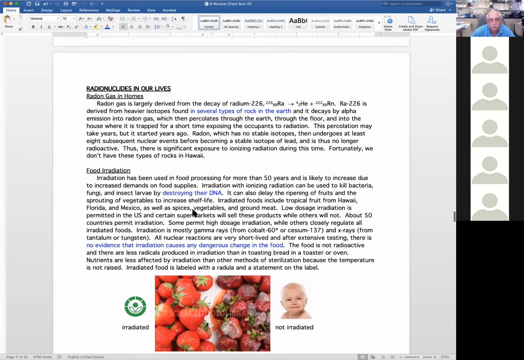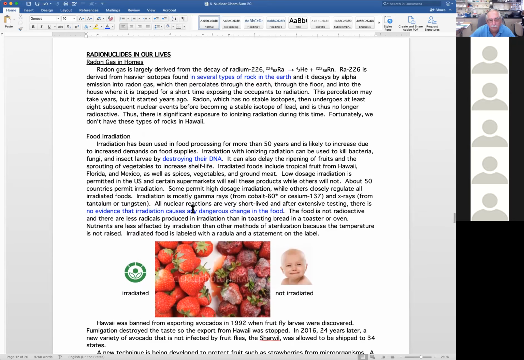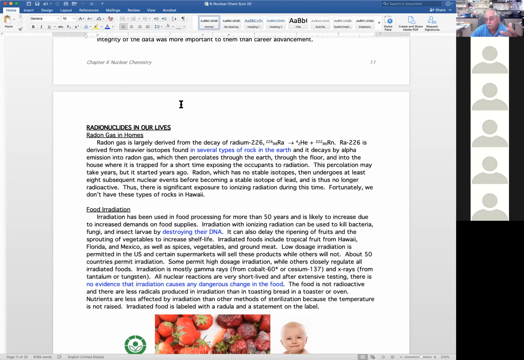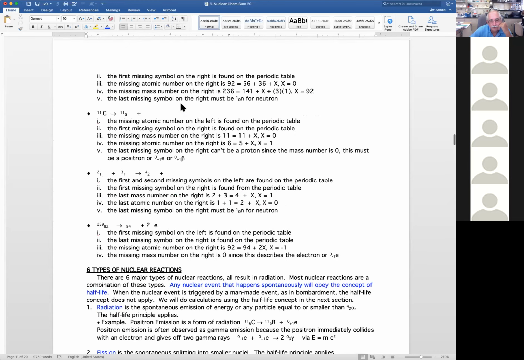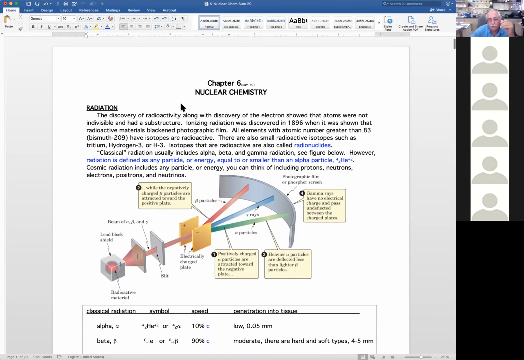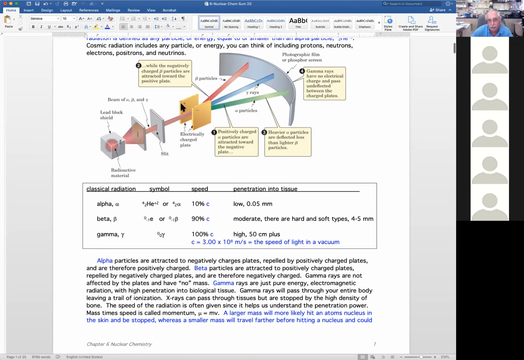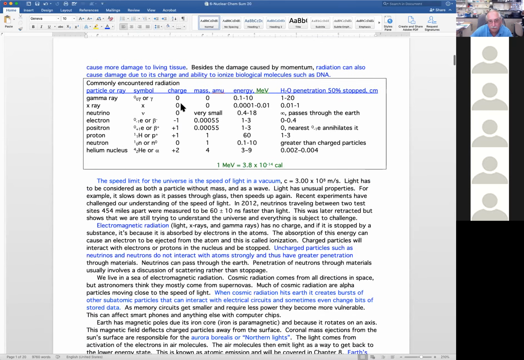So anyway, we'll stop there, and when we come back on Friday, we'll pick up about here, how radiation is in our lives everywhere. Hopefully not in our bodies. So if you look at this chapter, what are the real skills? Well, first, understanding what radioactivity is.